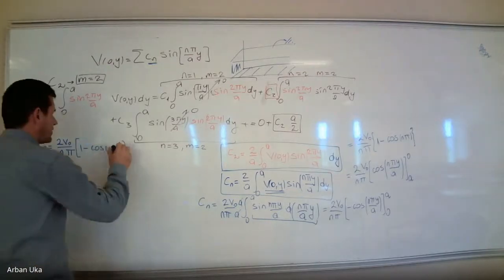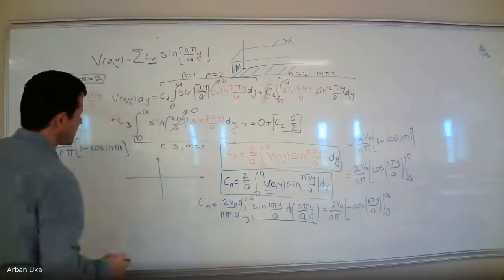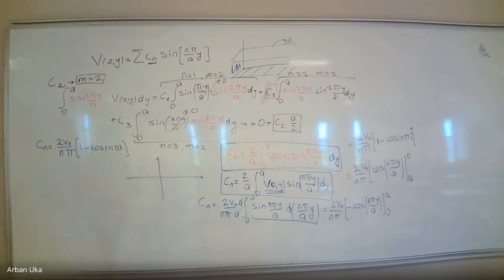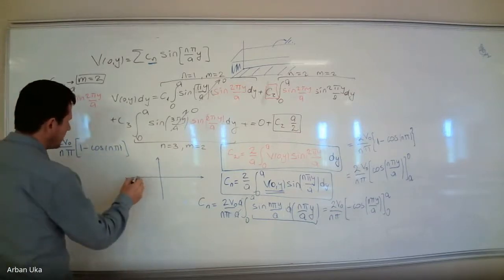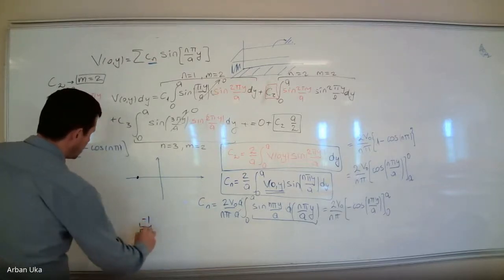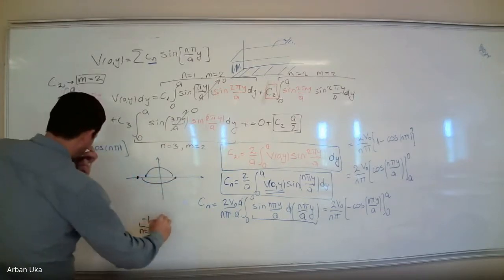Okay. So let's have a look at what this function looks like. Now, we want to see how the cosine function can be represented. A cosine function is the projection of the harmonics onto the horizontal axis, or onto the x-axis. So for cosine n pi, the values that we are going to obtain: for n equal to 1, this is cosine pi. What is cosine pi? It's -1, okay? So these values will be -1 when n is 1. When n is equal to 2, we get 1.